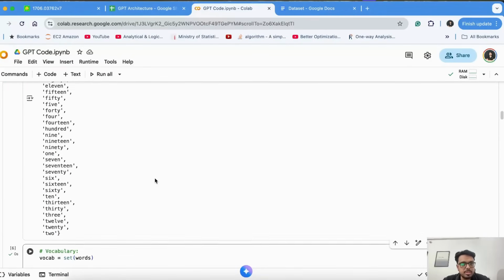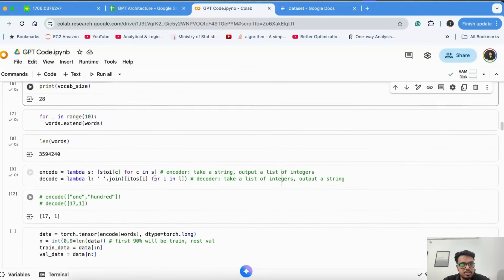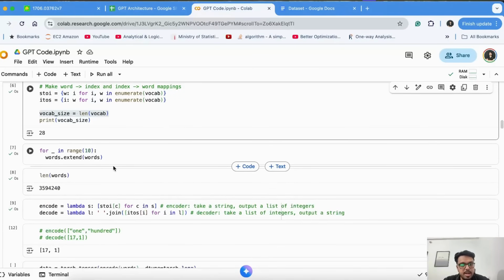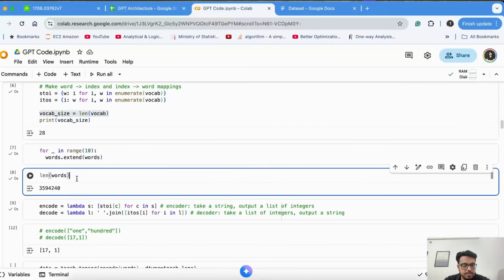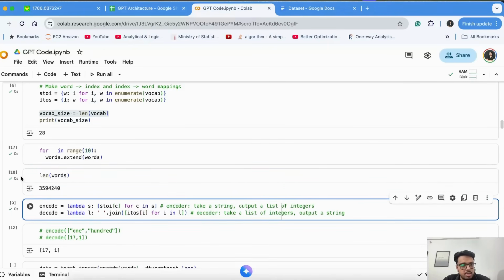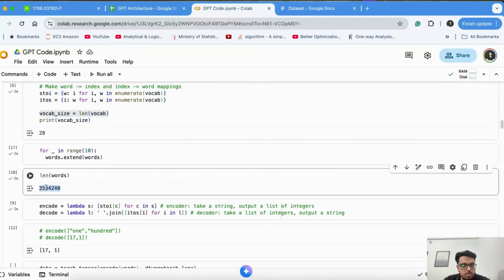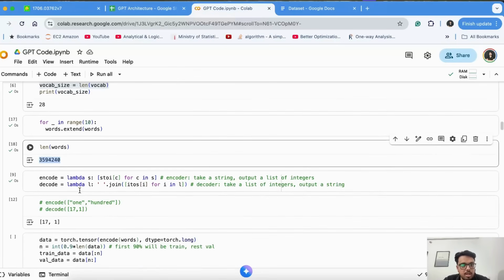Because this is a fairly small data set, I'm duplicating it so that we have a good enough data set for training as well as for validation. The total length turns out to be somewhere close to 35 lakhs roughly.